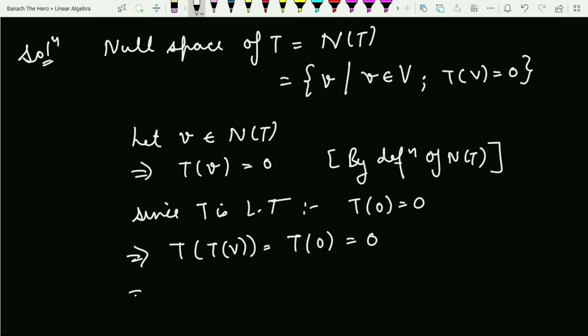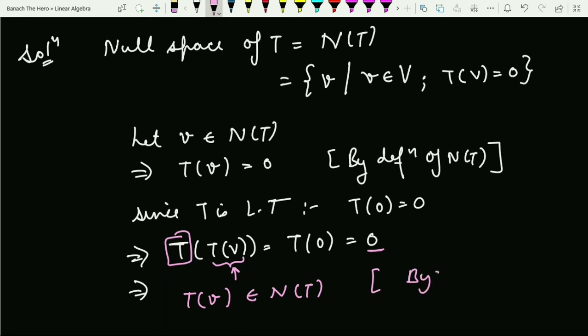So can I say, just try to understand this point now, T of anything is going to 0, right? So T of anything is going to 0. So what does this mean? This means this anything belongs to the null space of T. Yes or no? So can I say T of v belongs to null space of T by the definition of null space? Fine.